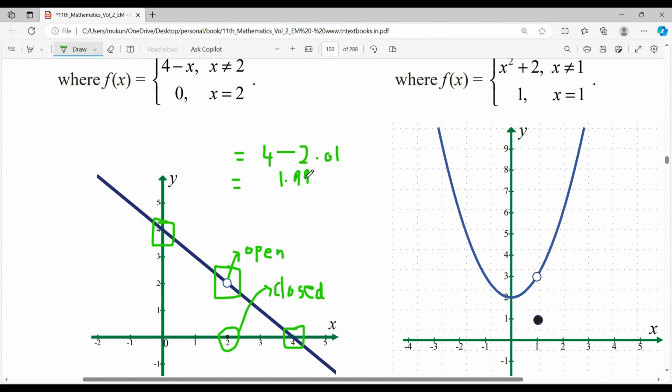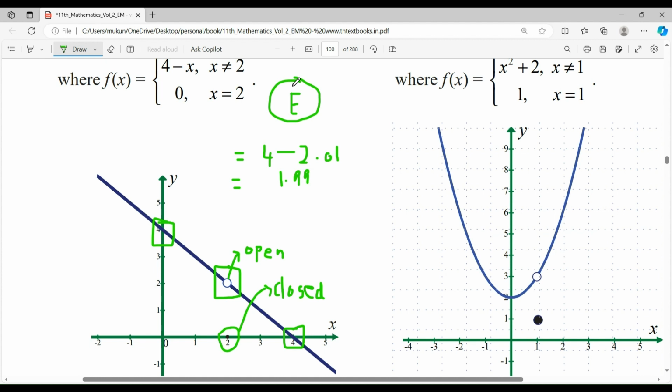So the limit does exist for this graph. Let me call this E, right? But then it is not equal to f of 2, because f of 2 is 0, for this particular graph or for this particular equation, right?